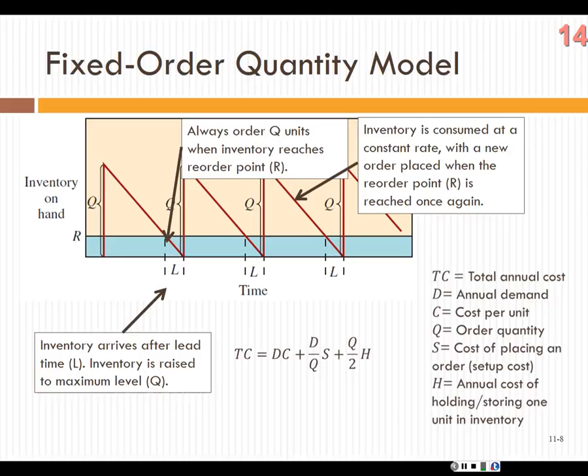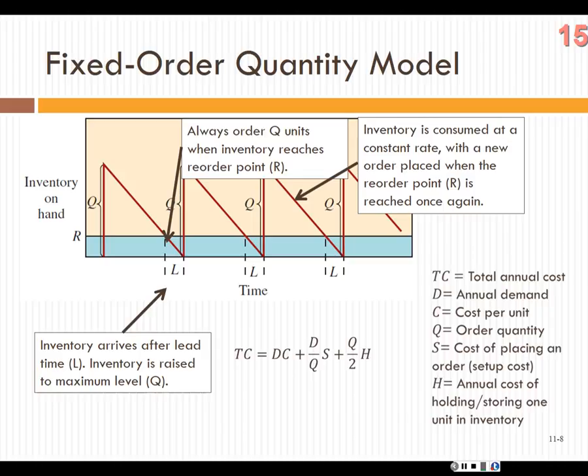Okay. So if I'm solving this, I'm going to invert that to be Q divided by D. Then I go 2DS is equal to Q times Q times H. So then I divide each side by H. And that gets me 2DS divided by H is equal to Q squared, right?